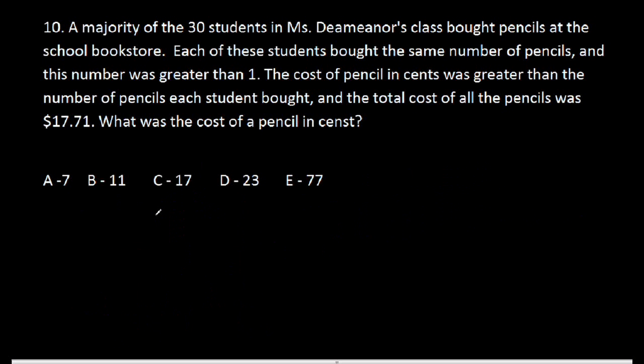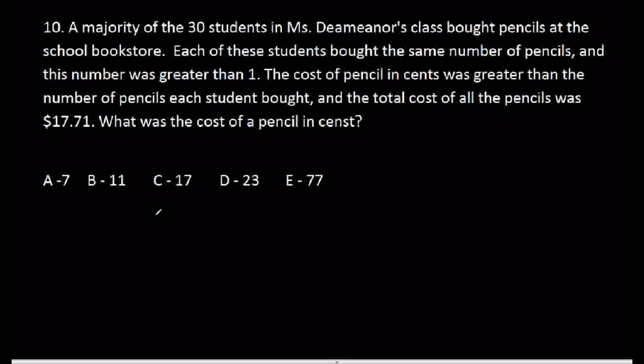Question number 10. A majority of 30 students in Mrs. DiMino's class bought pencils at the school bookstore. Each of these students bought the same number of pencils, and this number is greater than 1.